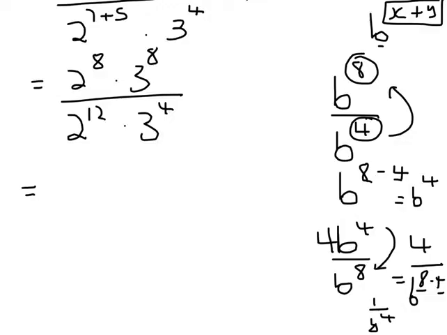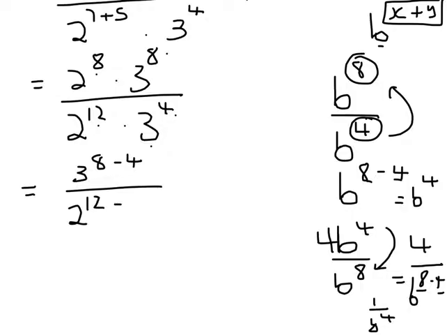So that means this 8 will have to go to the denominator, where it minus that 12. And then this 4 will have to go to the top. In other words, it is 3 to the exponent of 8 that remains at the top, where you will need to minus that exponent of 4 from that 3. And then you will say over, it is 2 to the exponent of 12.